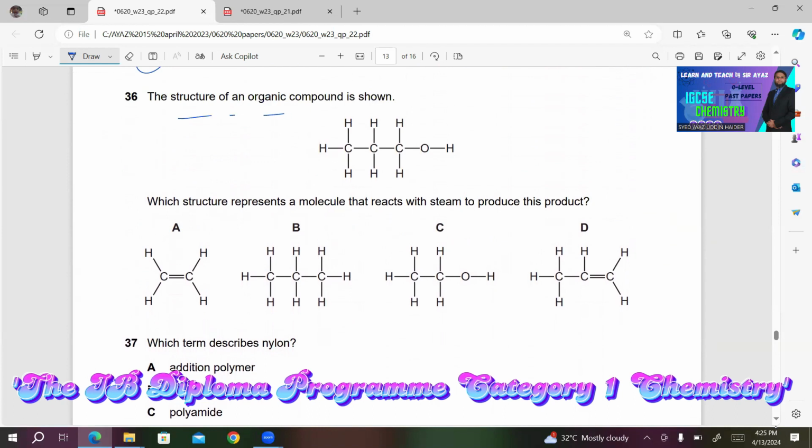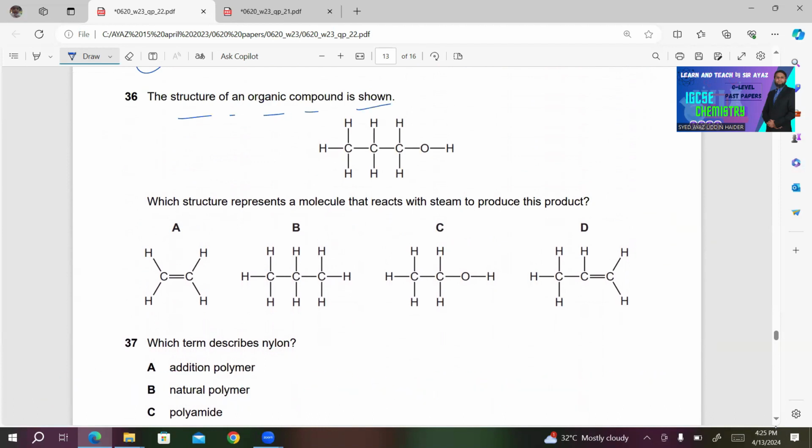The structure of an organic compound is shown. This is propanol. Which structure represents a molecule that reacts with steam to produce this product?